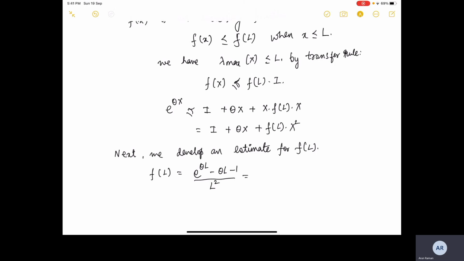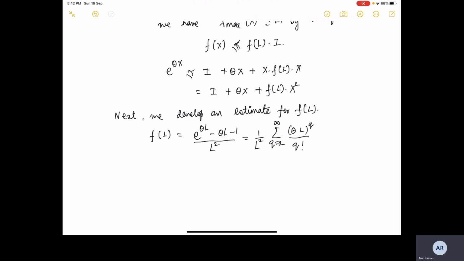So this can be written as 1 over L square, summation q equals 2 to infinity, (theta L)^q divided by q factorial. So we have just expanded the exponential function.